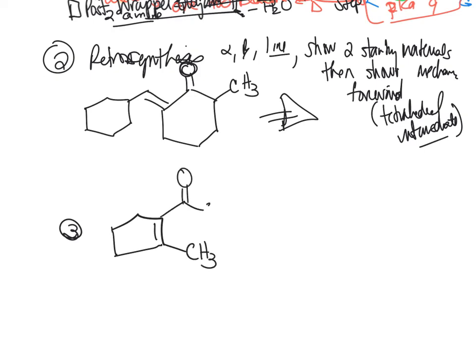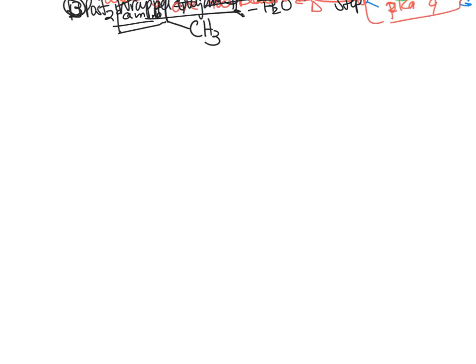Okay, the other one here. So another retrosynthesis. Do that one. And then, so that's 3. Let's see if we can get 5 questions here. So number 4, I want to see this reaction.